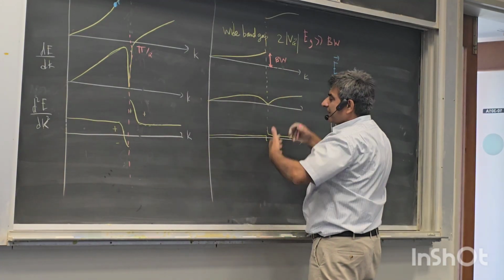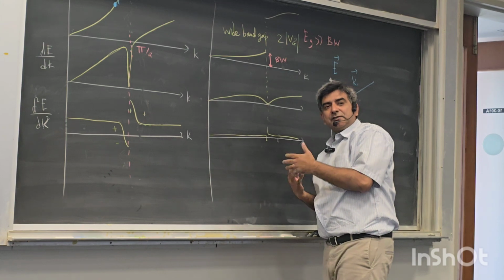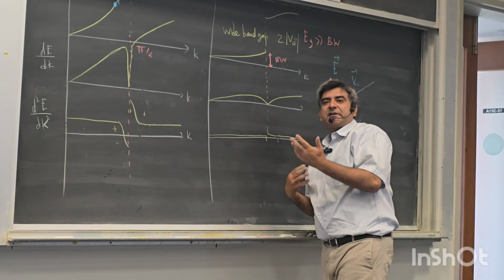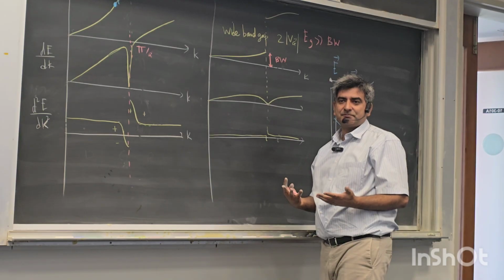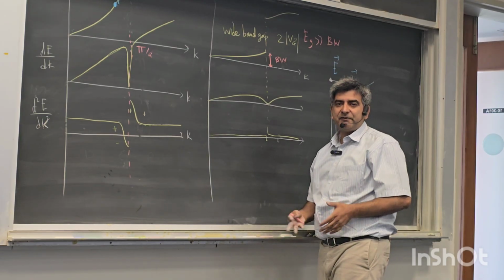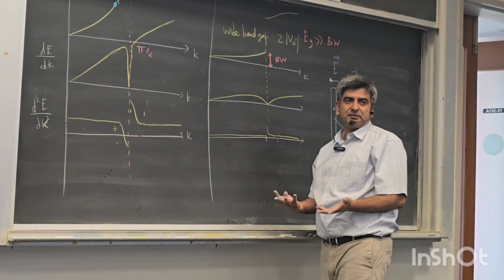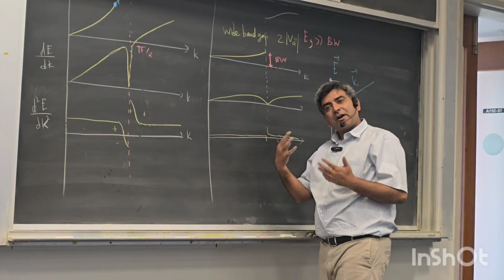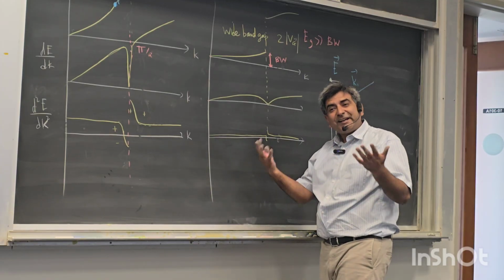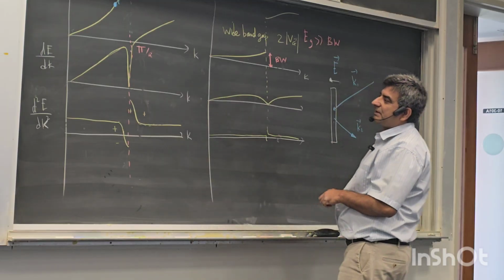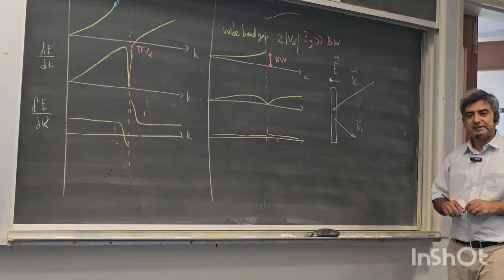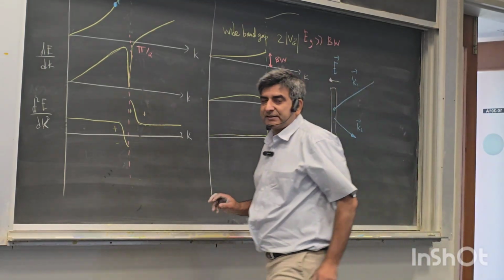So for the wide band gap material, the mass of the fermions, of the electrons, can be very large. So this is a heavy electron system, or a heavy fermionic system. And the same kind of argument applies to holes as well. You can have light holes, heavy holes. So this is the concept of the effective mass of an electron as it plays out in condensed matter physics.